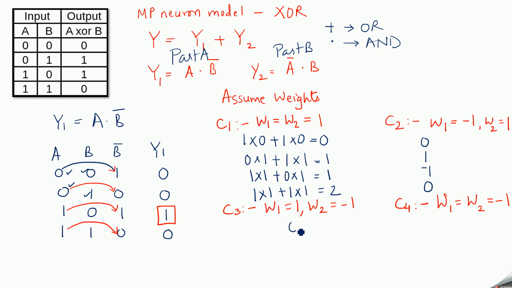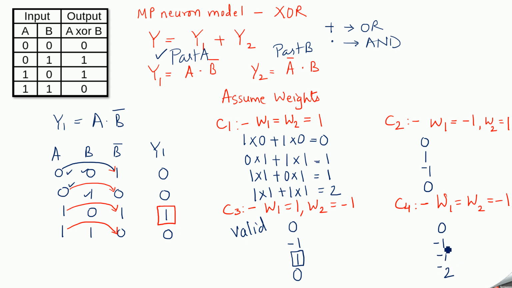In case 3, we get 0, -1, 1 and 0. So here in this case, if you see, 1 is greatest amongst the remaining 3. So case 3 is actually a valid case which can be used for representing your Macaulay-Pitts model for part A. And for case 4, we basically get 0, -1, -1 and -2.